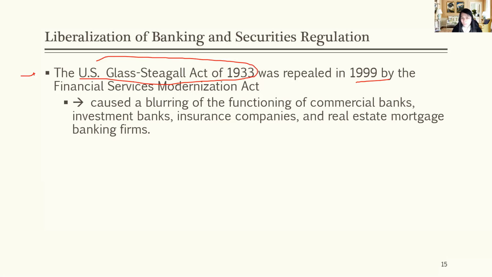The key reason for this act was that it allows the regulators to regulate the commercial banks properly. So traditionally in an economy, commercial banks play a very important role because they keep our money, right? So everyone who has a salary will get paid into the bank account.